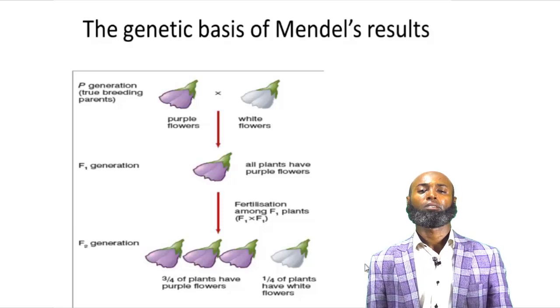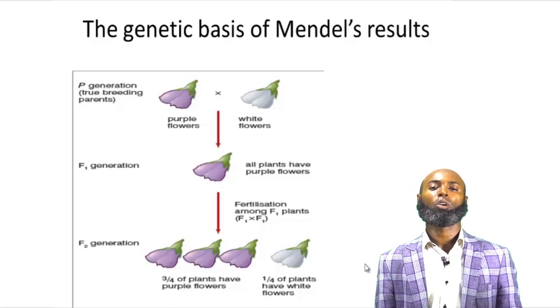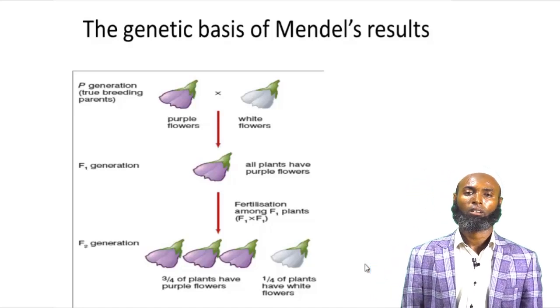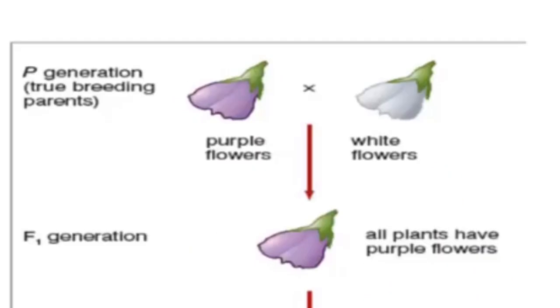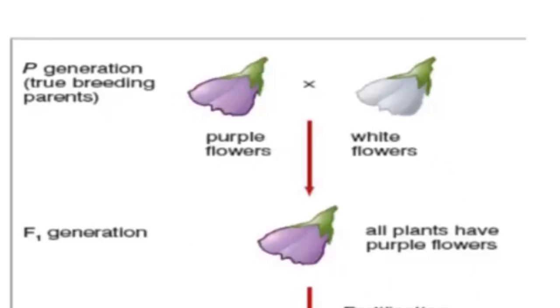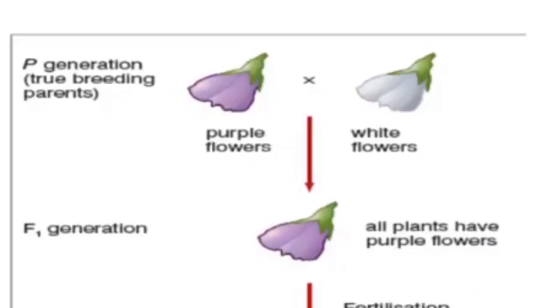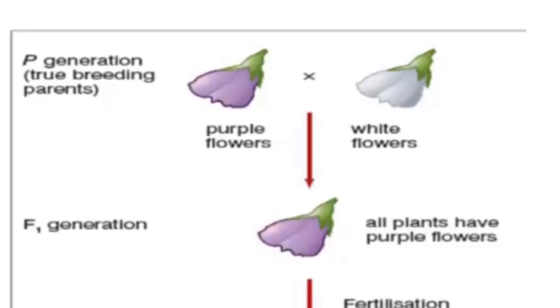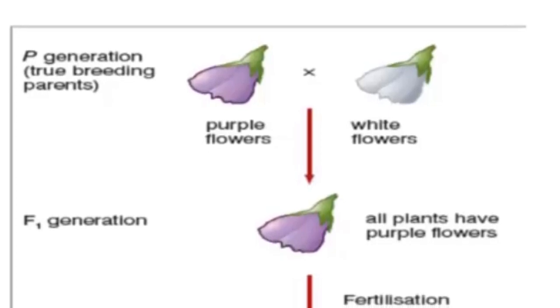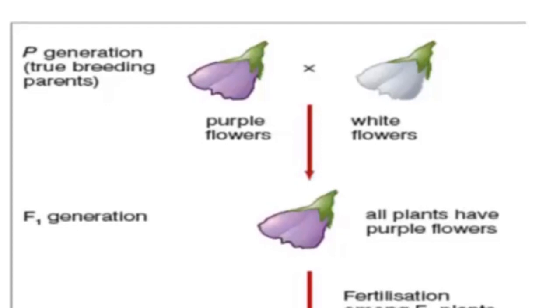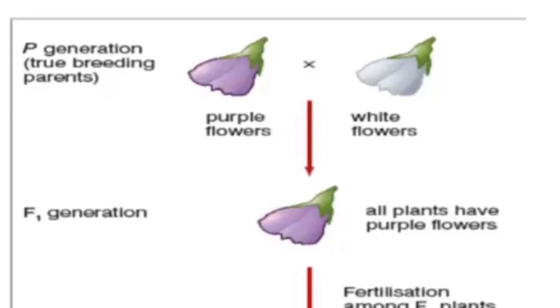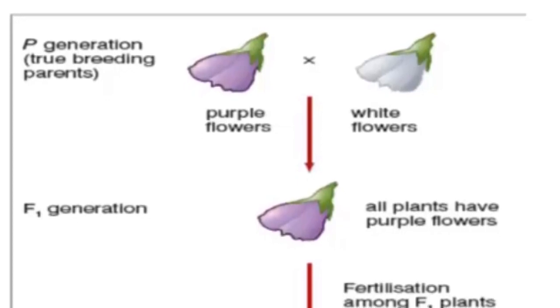Let's take again the example of flower color, purple flower and white flower. The P generation, or parental generation, are the purple flower and the white flower.